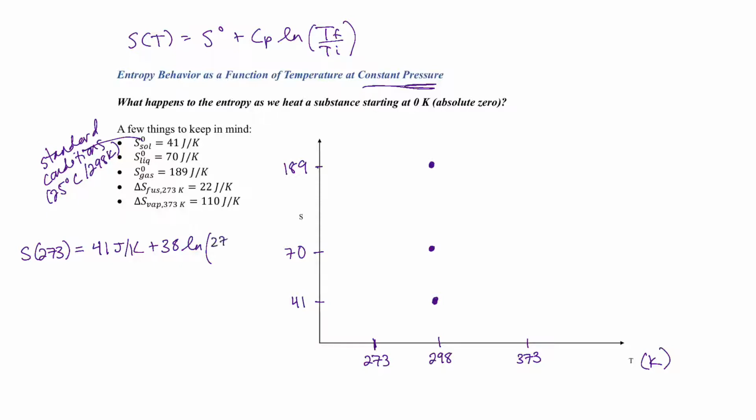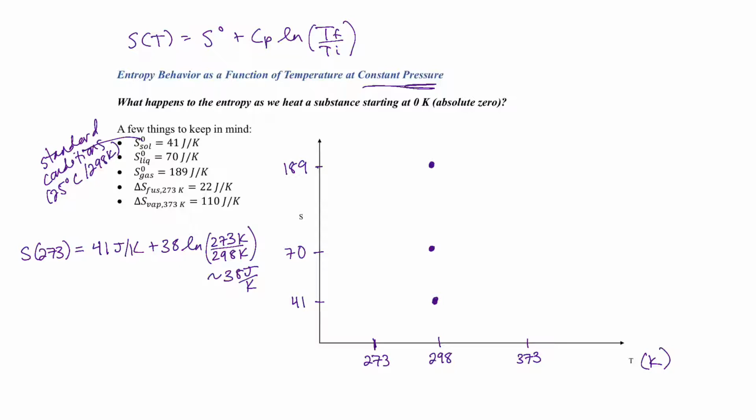So 273 is our final temperature, and then our initial temperature is always going to be that reference point for our standard conditions, so 298 Kelvin. Okay, so punch that into your calculator and you should get about 38 joules per Kelvin.